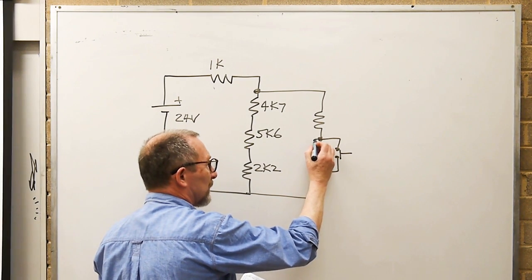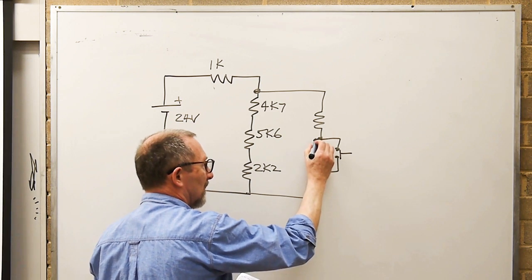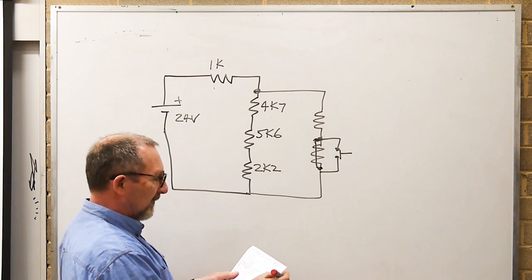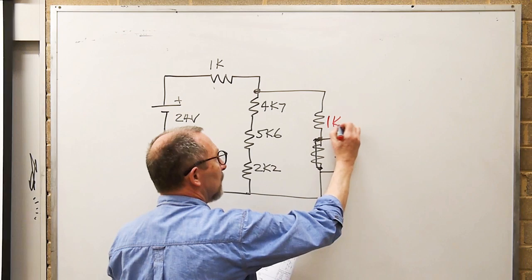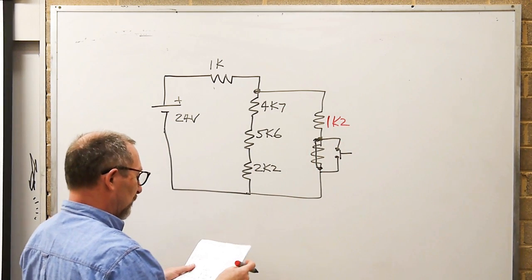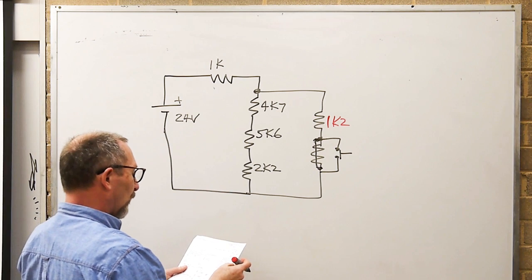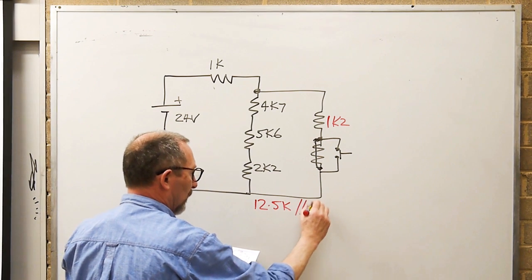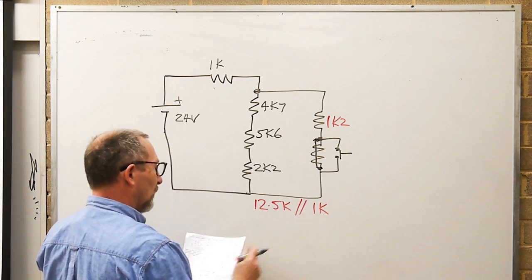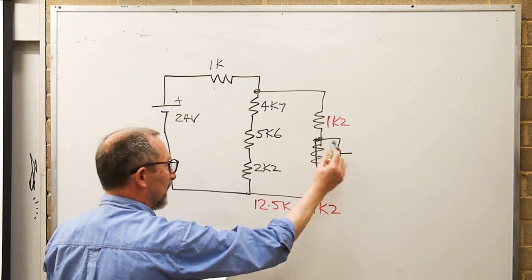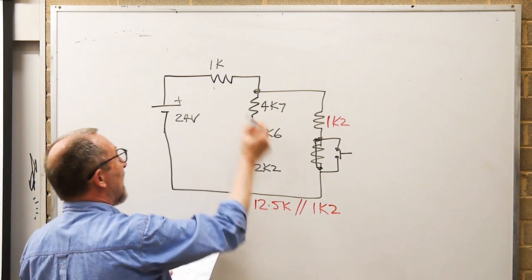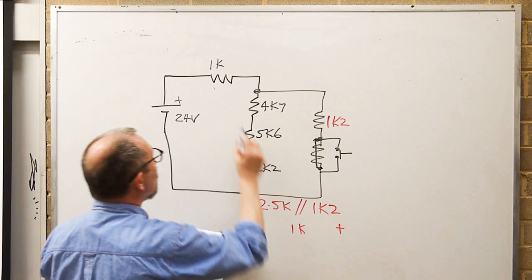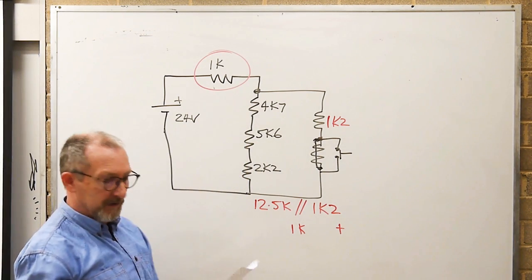That means that we've got a short circuit across that. Therefore, we can ignore it. I don't even need to write the value next to it. We've got 1.2K there, 1K2. So the circuit works out that we've got 12.5K, these add up to, in parallel with 1K2, this one here, and then added to the 1K, because we've got this 1K up here, and that's going to be the total resistance in the circuit.